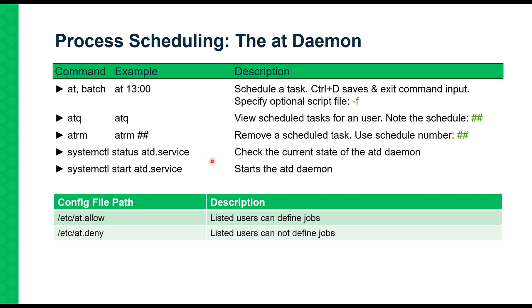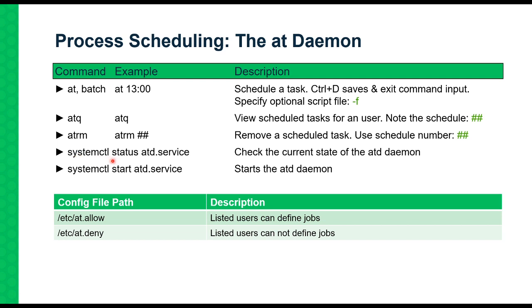Then another thing we should do is the at daemon is not always started by default. So if it's not already running, we can first check the status thereof. We use the systemctl to communicate with the systemd on our system.